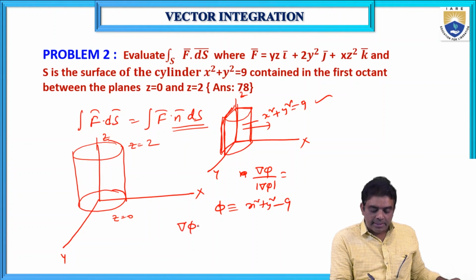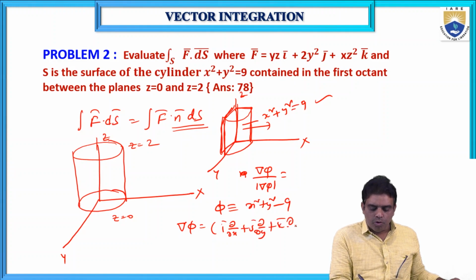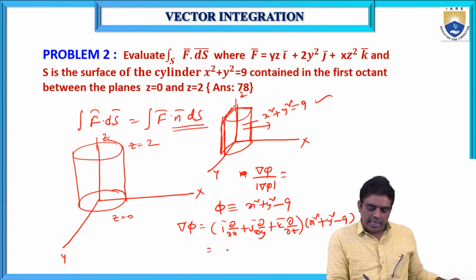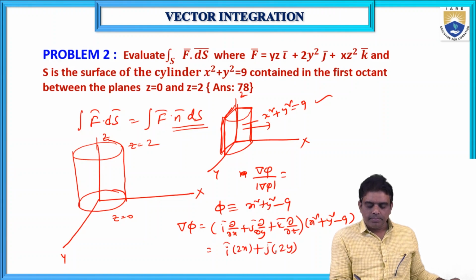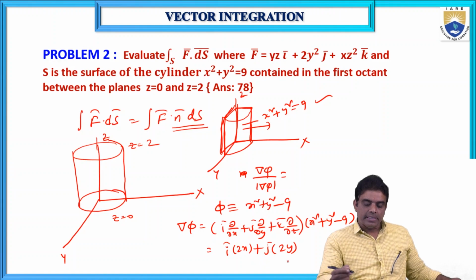Then grad phi is equal to i bar dou by dou x plus j bar dou by dou y plus k bar dou by dou z of the function x square plus y square minus 9. So this is i bar into 2x plus j bar into 2y, that is 2x i bar plus 2y j bar.